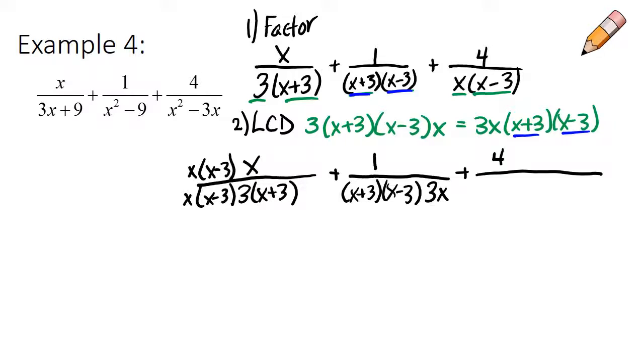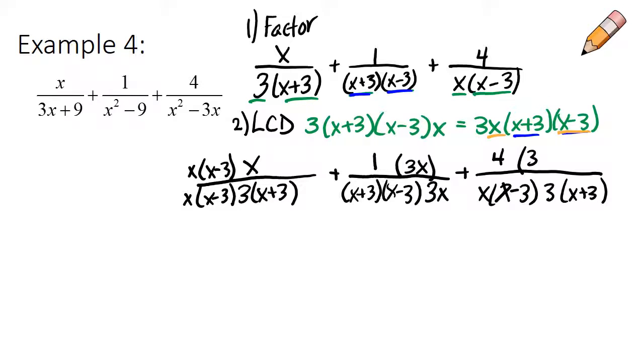If we look at that last fraction, I have an x and an x minus 3, which means I'm missing the 3 and the x plus 3. And if you notice, I forgot to multiply by my numerators. So I also have to multiply this numerator by 3x.